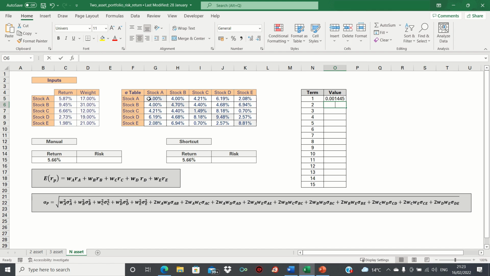For B, we take the weight of B squared, and then we multiply this by its variance, which is 4.7%. Next, we take 12% squared, which is the weight of C, and then multiply this by the variance of C, and then we can do the same for stocks D and E.